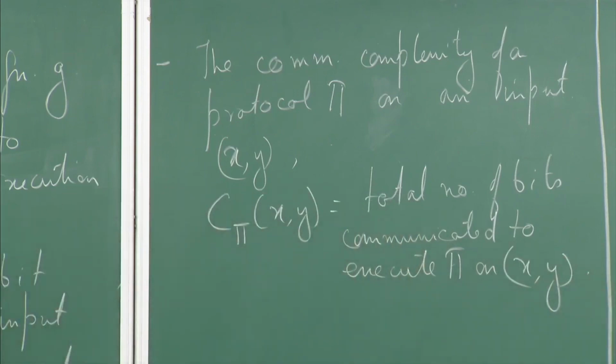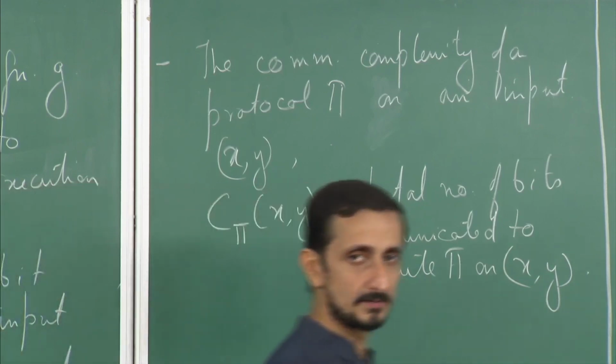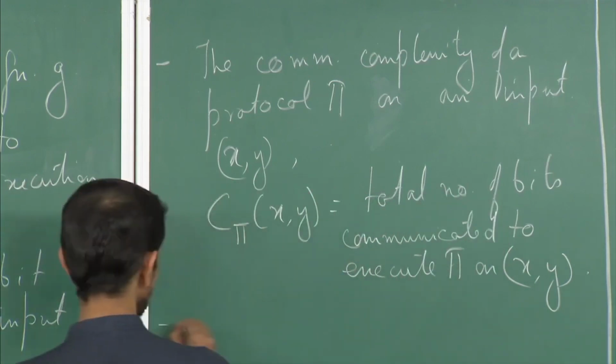Okay, so for a given input xy, if Alice has x and Bob has y, the total number of bits that is communicated to generate the output is C pi xy.